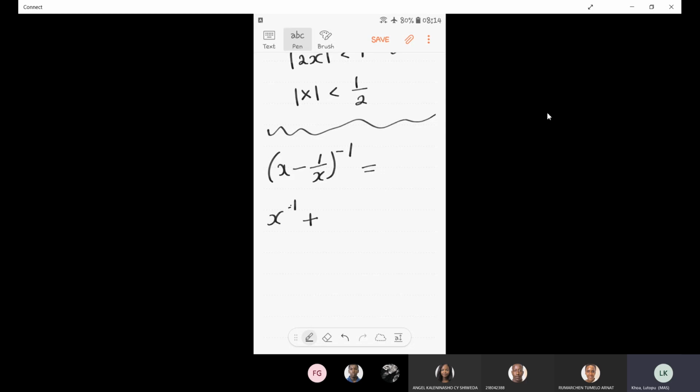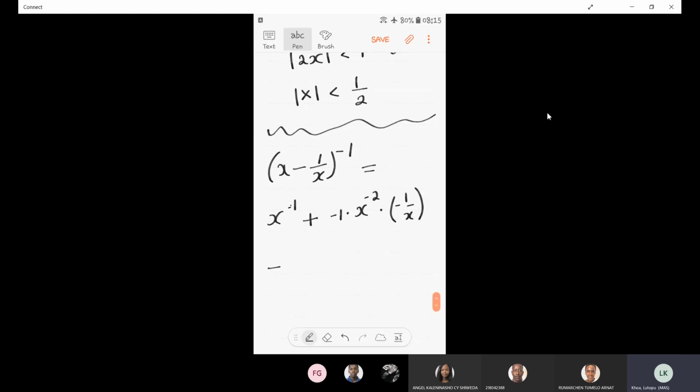Then the next one, I have minus 1 and x to the power of minus 2. And then I have minus 1 over x to the power of 1. This is divided by 1 factorial, so I don't need to write it.